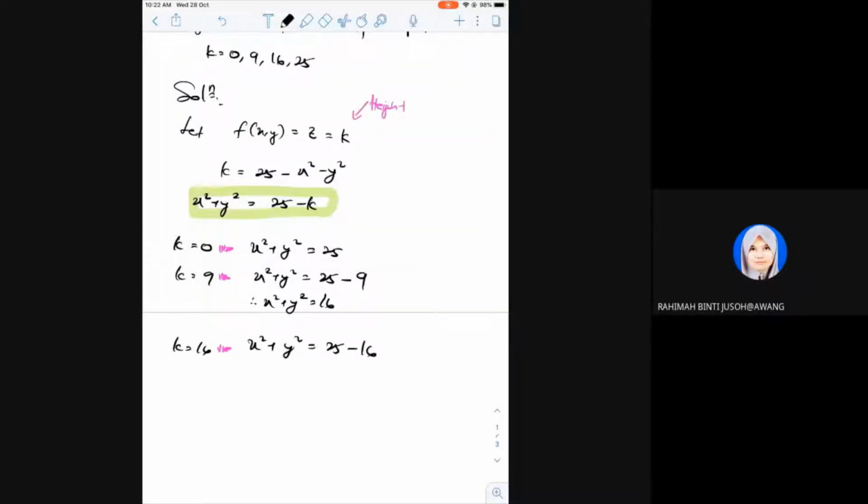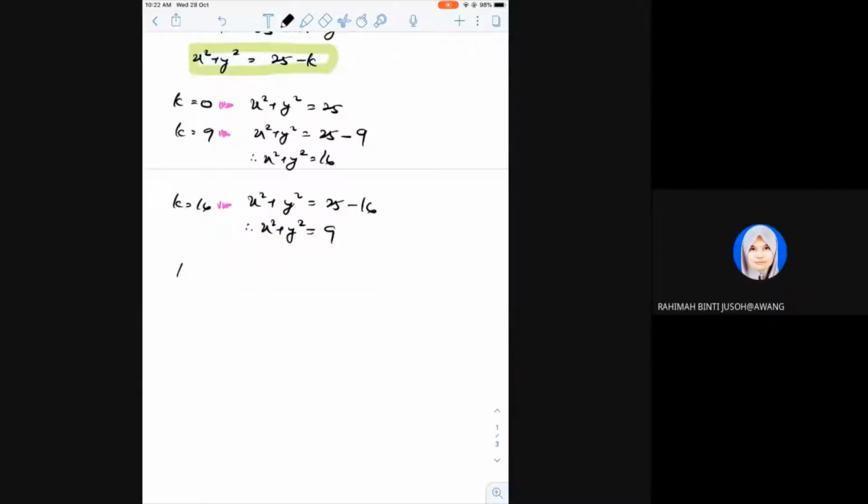So we will have x squared plus y squared equals to 9. And then the last one, when k equals to 25, we will have x squared plus y squared equals to 25 minus 25. So we will have x squared plus y squared equals to 0. I will explain each of these values.